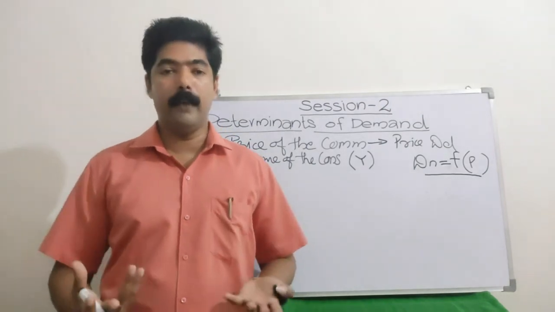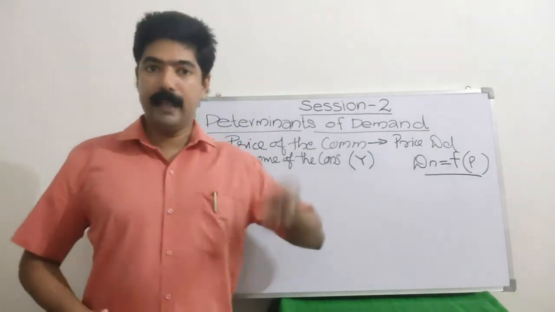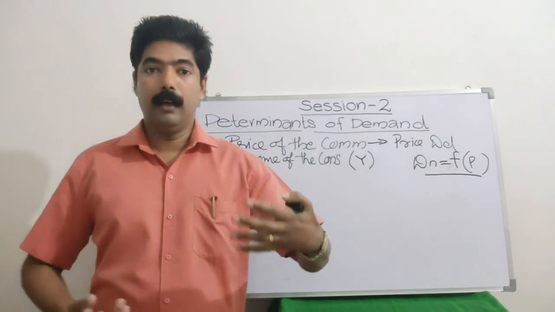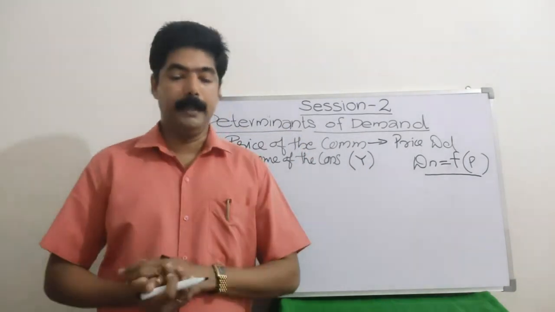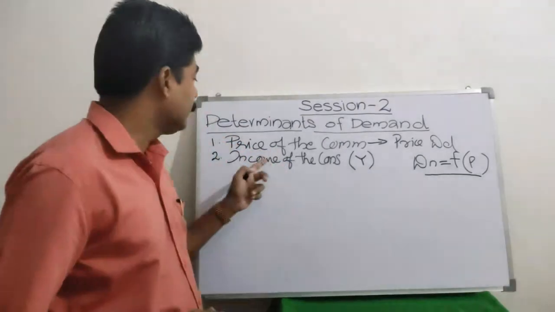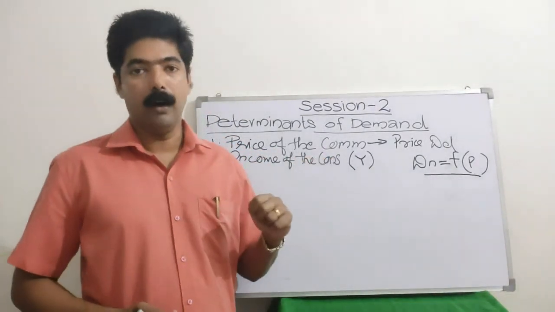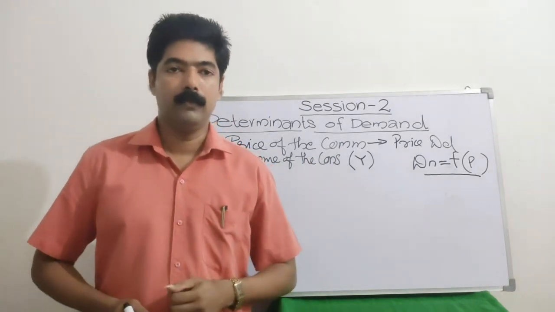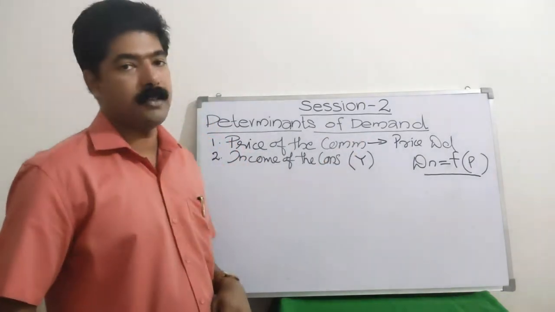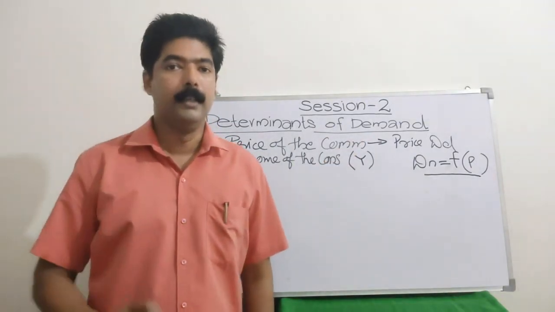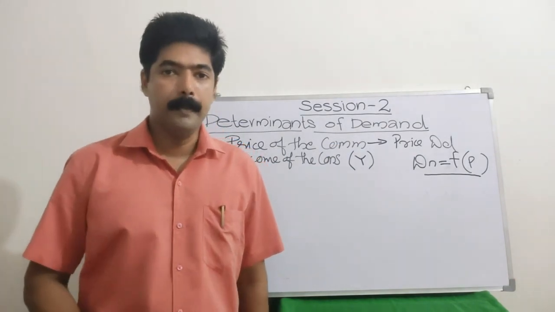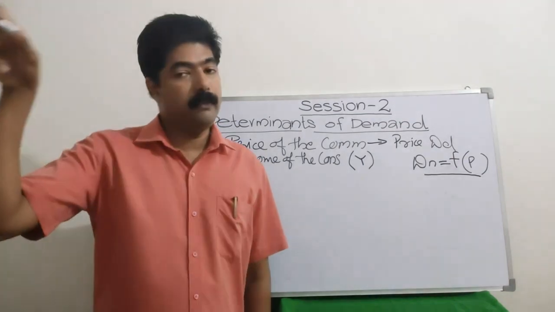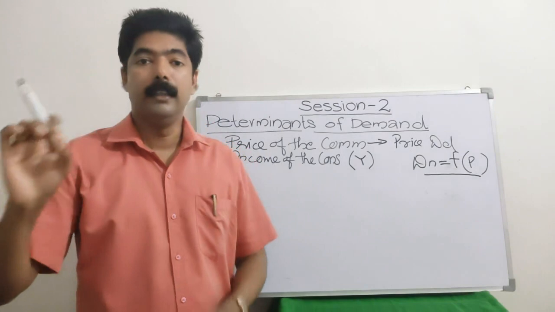It is a common behavior of everybody that when somebody's income increases, we generally increase the quantity demanded, or we can purchase more and more quantity. That is how income affects the quantity demanded of the commodity. We are clear with that. What is the relation? It's a direct relationship. It is directly related. That means when the price of the commodity increases, we have studied that quantity demanded diminishes.